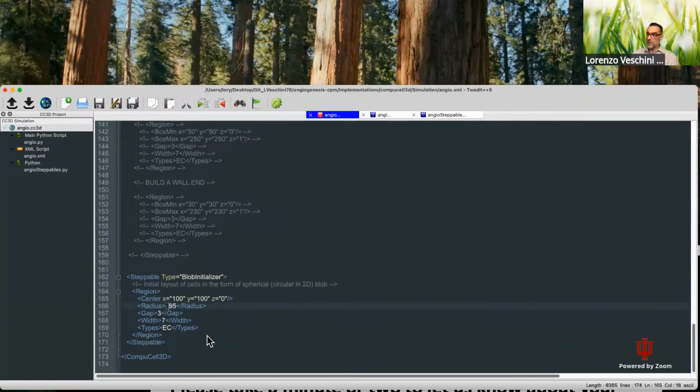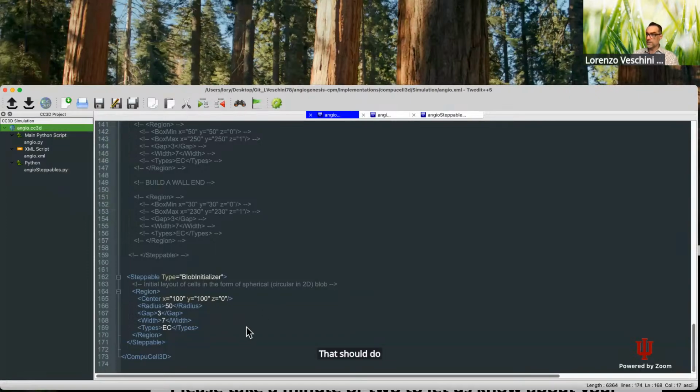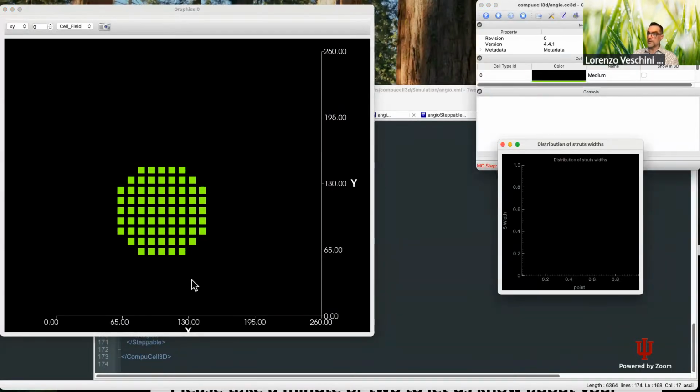Radius a little bit smaller. Some 50, maybe that should be better at least. That looks better.